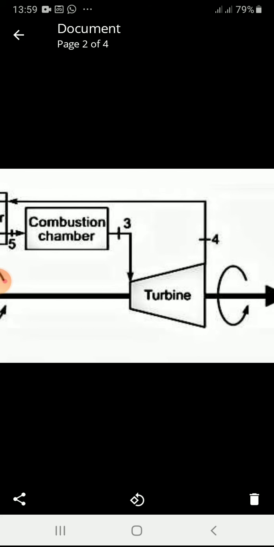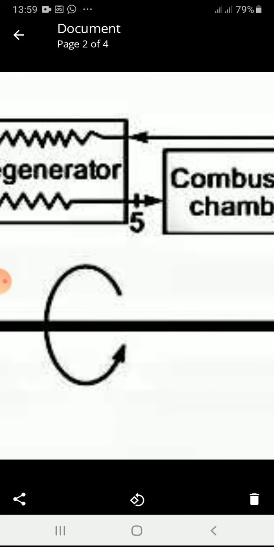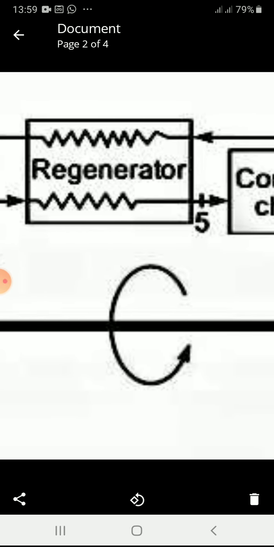T4 is here, the exhaust of the turbine, and T2 is the inlet of the regeneration. So Cp into T4 minus T2 is the actual heat available for regeneration, right? So if that entire heat is utilized, then Cp into T5 minus T2 should be equal to Cp into T4 minus T2. In other words, T5 should be equal to T4 if regeneration is perfect, right?